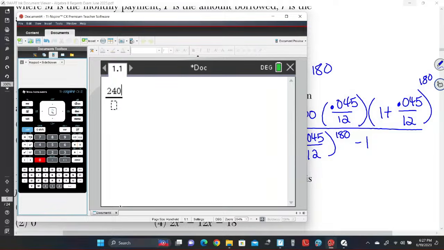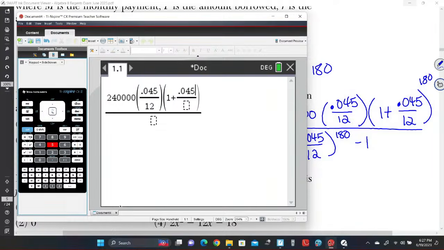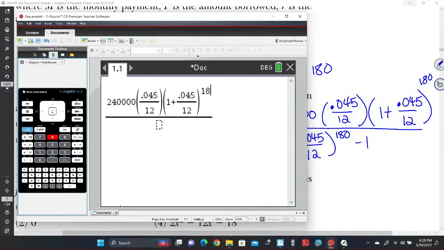I've got my 240,000, and I'm going to do fractions within fractions, because I've got 0.045 divided by 12. Now I've got my 1 plus, again, 0.045 divided by 12. And that's all raised to that 180.